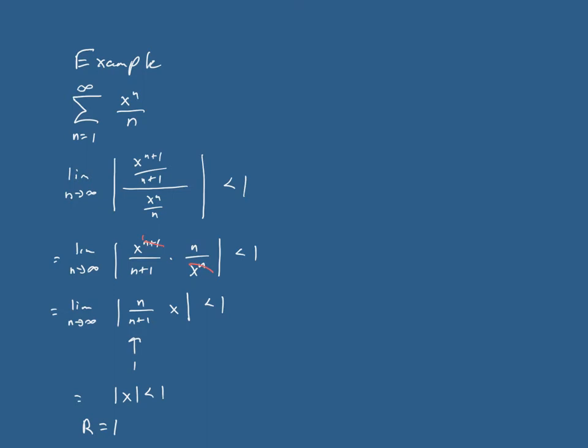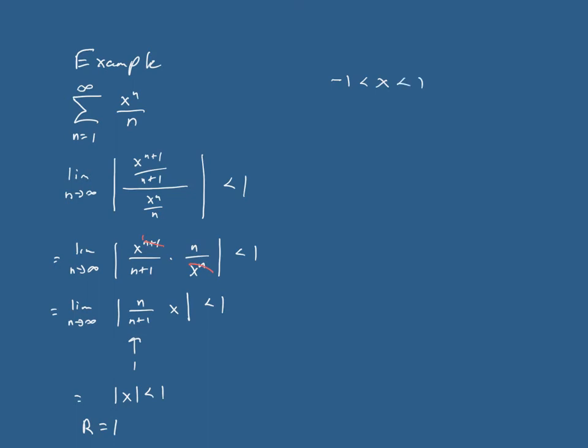So what we get on this particular problem is that the absolute value of x has to be less than 1. Now remember on this, the center point for this one is 0. So we are at this point where it's x minus c, so x minus 0. And so our radius of convergence in this case is 1. So that now tells me that the values that this is going to converge when the values of x are between -1 and 1.